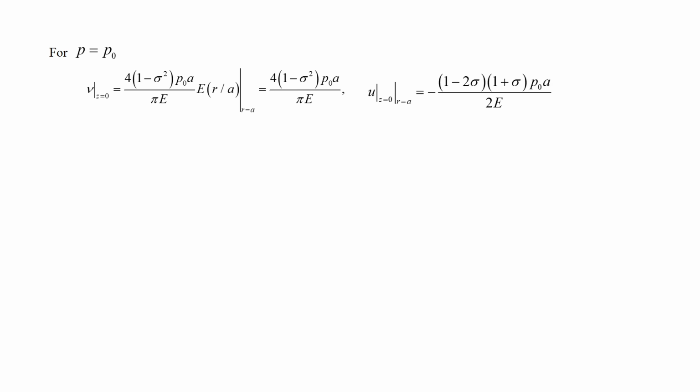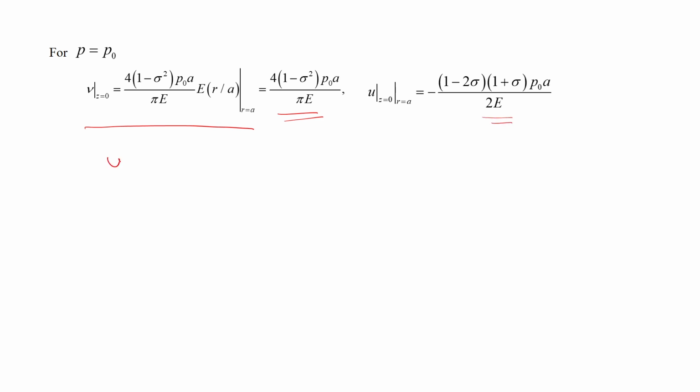For example, over here at r = a, this value of E(r), the elliptic function of the second kind at r = a, is equal to 1. So this is the value at the periphery for this case, and for the other case it is this.